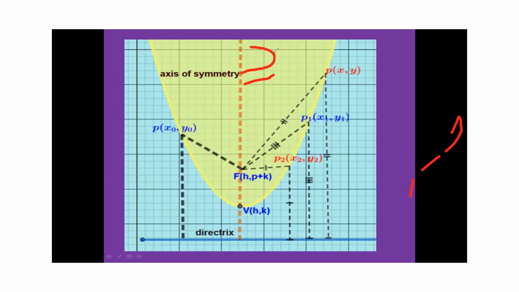This line is the axis of symmetry. This line is the directrix, which is a straight line.